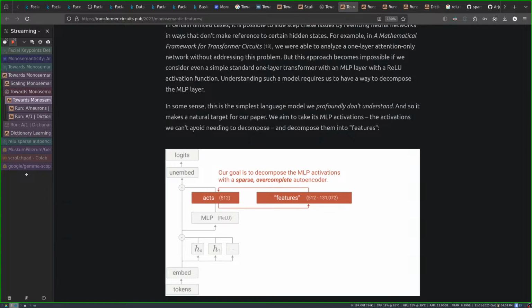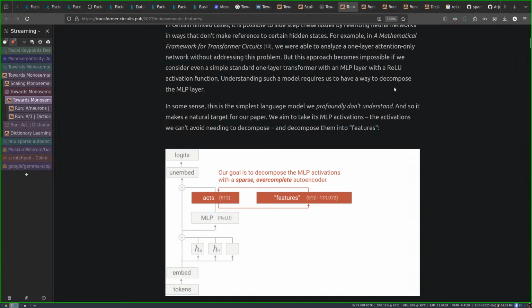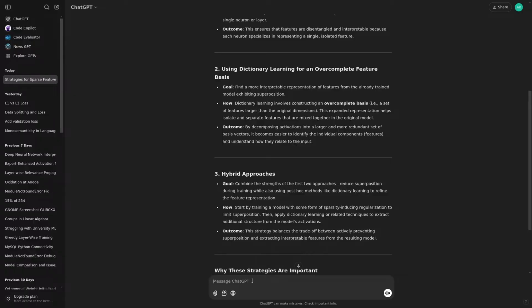In the Monosemanticity paper, which activation is used to train the sparse autoencoder?